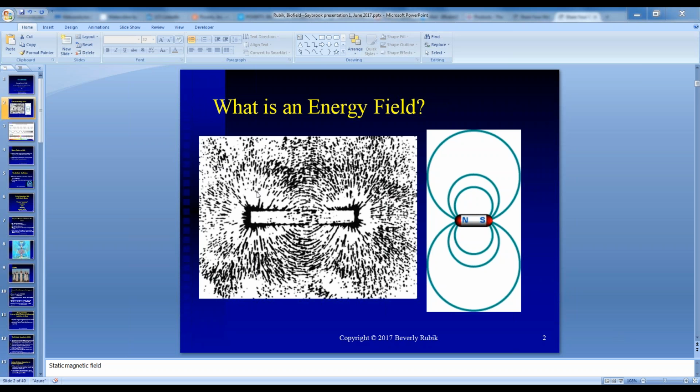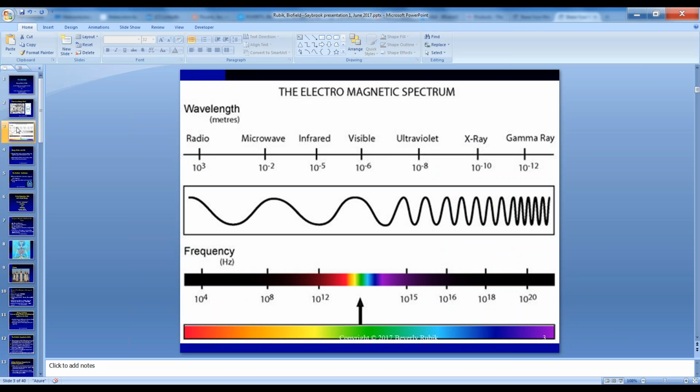And there are other energy fields. One that spans the spectrum of radiant energies, energies that move at the speed of light throughout the universe, include visible light, for example, from stars, or the light from the moon or sun.